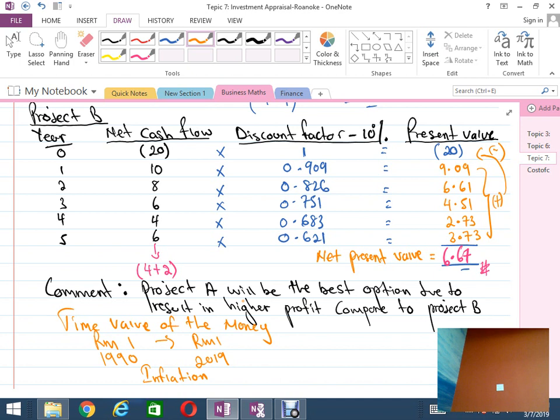No need to use the formula now, use the shortcut.